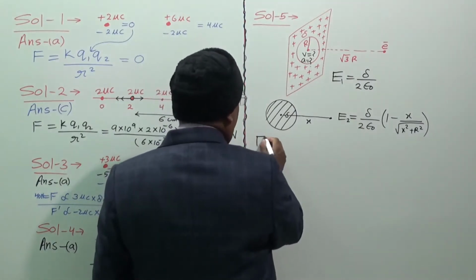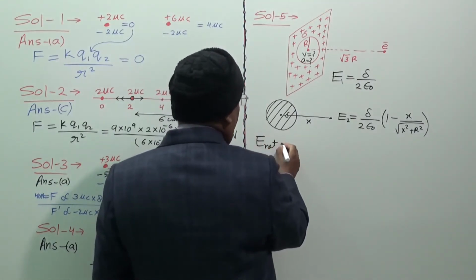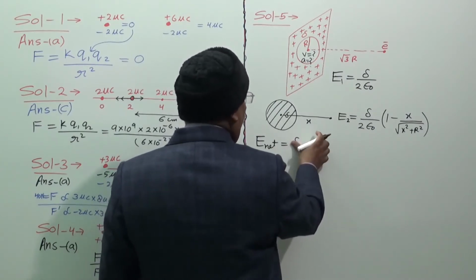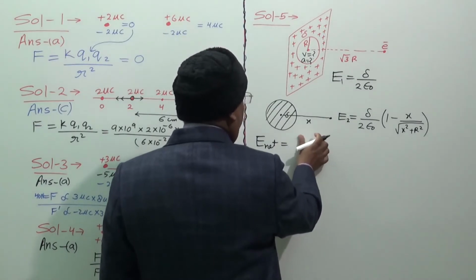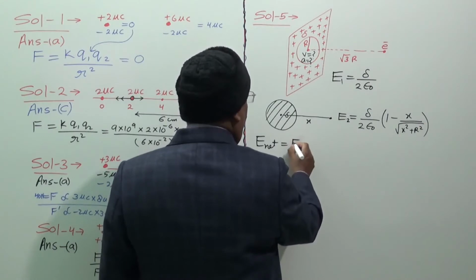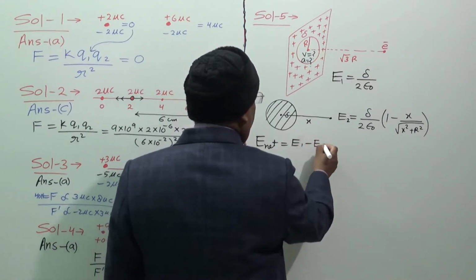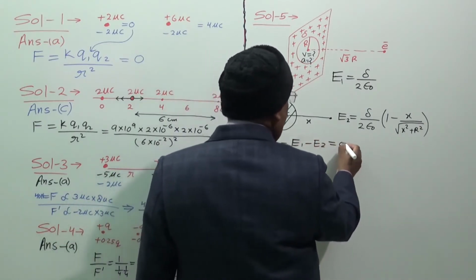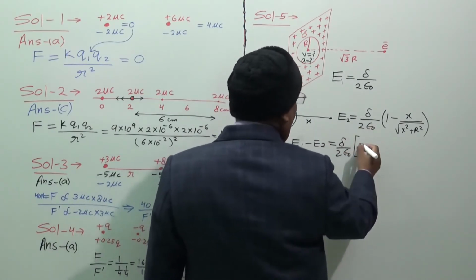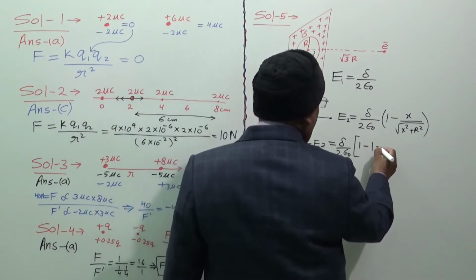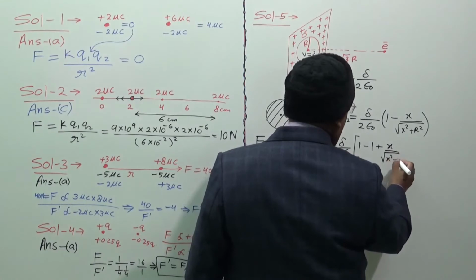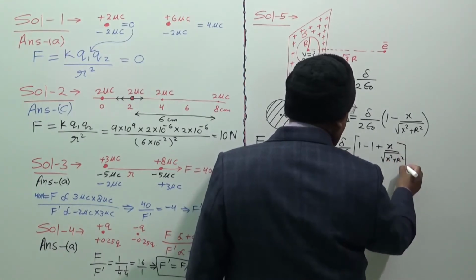So E net can be calculated as E1 minus E2 is equal to small sigma upon 2 epsilon naught, take as common 1 minus 1 plus x upon under root x square plus r square.